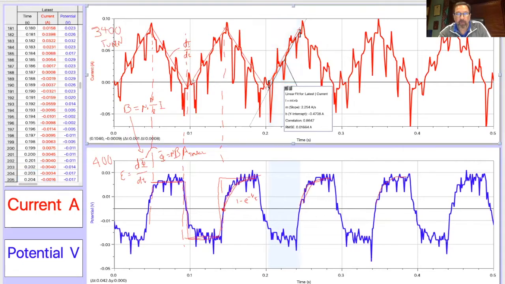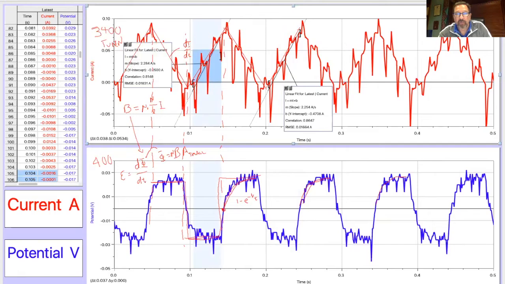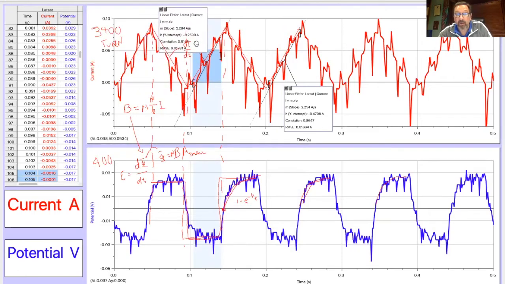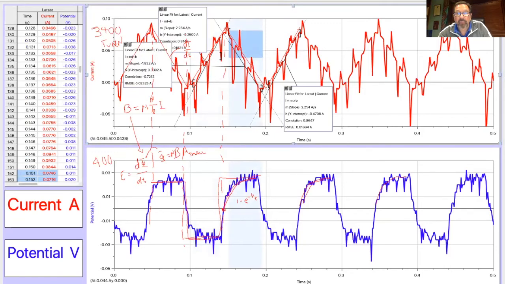Let's try a few other places, like maybe that increasing voltage, linear fit. And over there, I'm getting about 2.28. Okay, and we've got 2 positive slopes. Let's pick 2 negative slopes as well. And so we'll go right about here, for example. Okay, linear fit again.